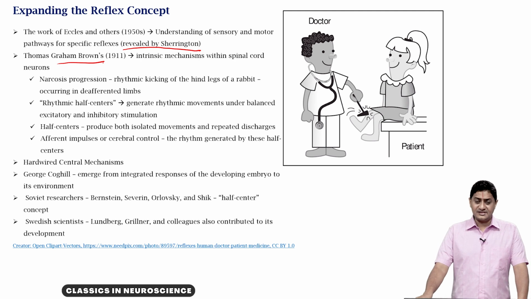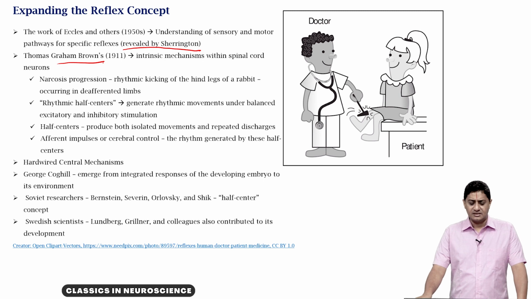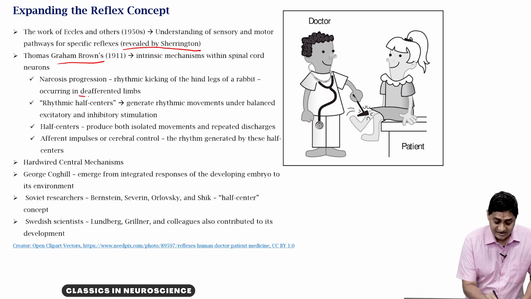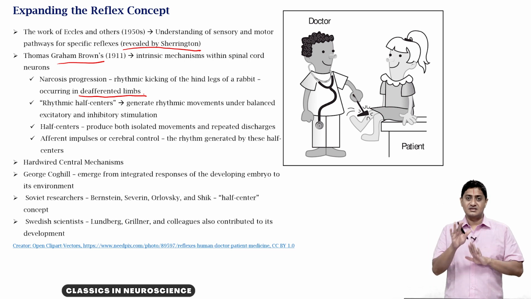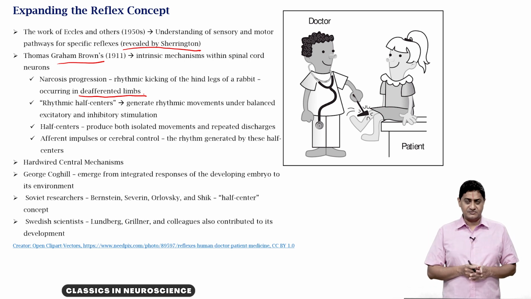He found that there are some intrinsic mechanisms within spinal neurons wherein there was rhythmic alternating movements, rhythmic kicking of the hind legs of the rabbit that happens even in deafferented limbs.